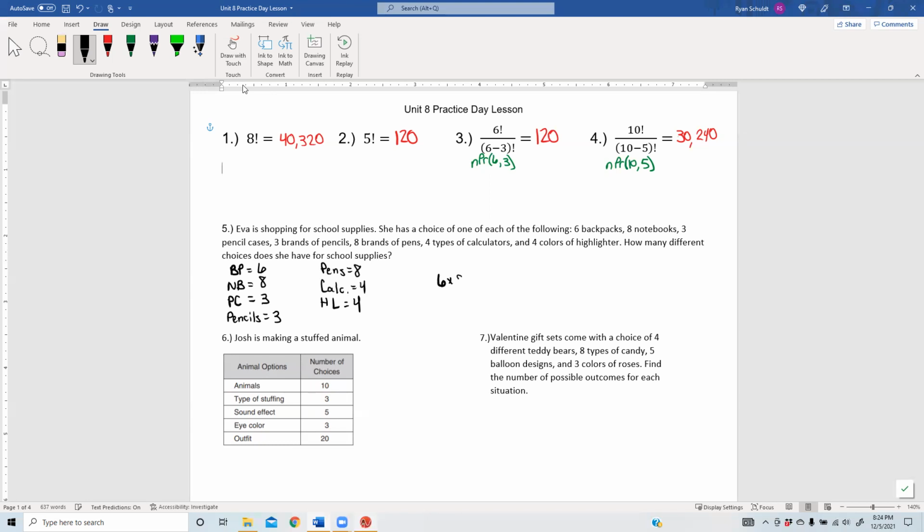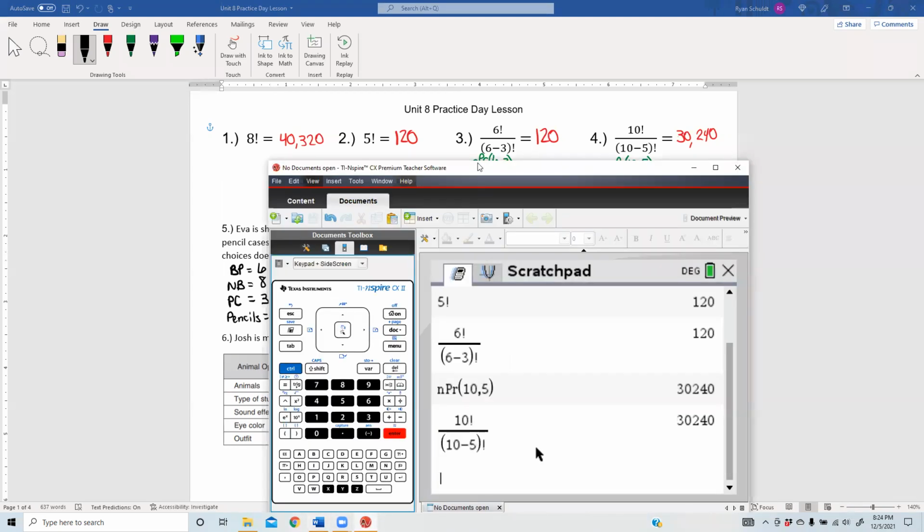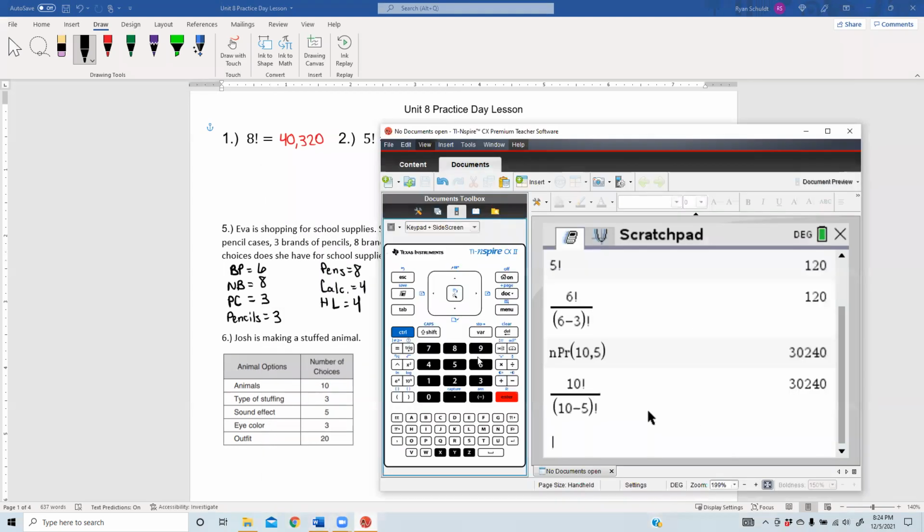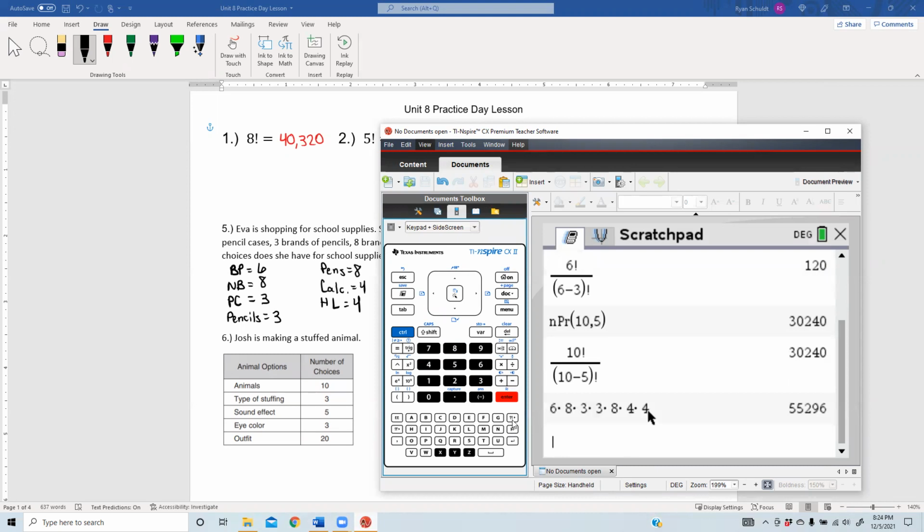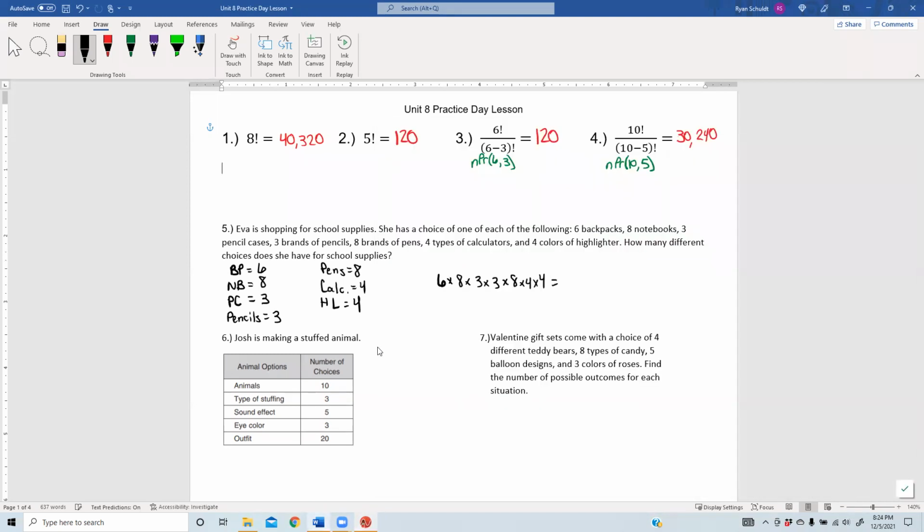So 6 times 8 times 3 times 3 times 8 times 4 times 4. Let me try that. 55,296 different outcomes.